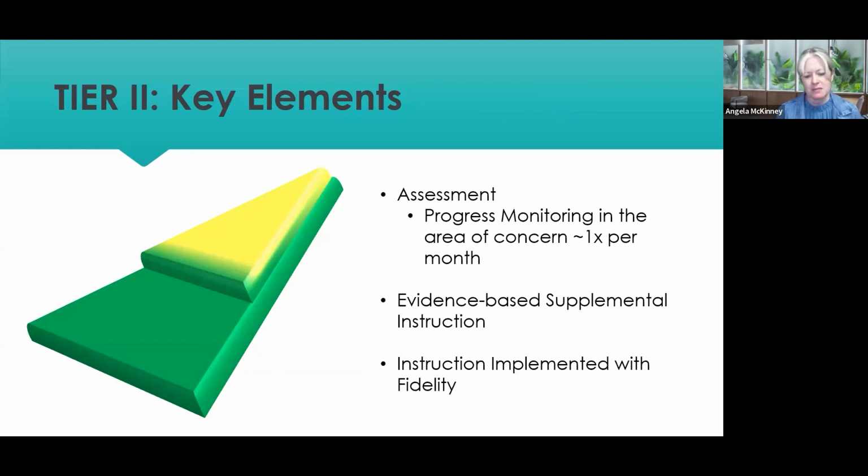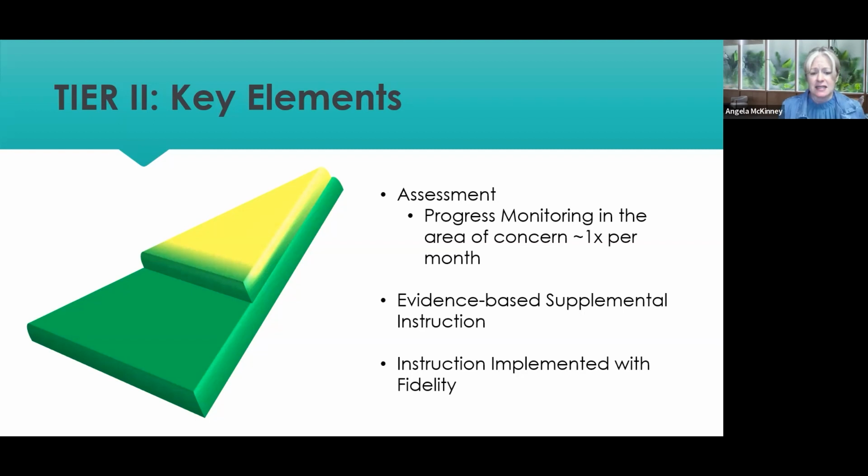With that comes a need for more data. We have to make sure that we're collecting assessment data more frequently in order to be able to make good decisions about it. We know that it takes, at a bare minimum, like 4 to 6 data points to be able to even see a trend in that data and know what to do with it. And that really is a minimum estimate.